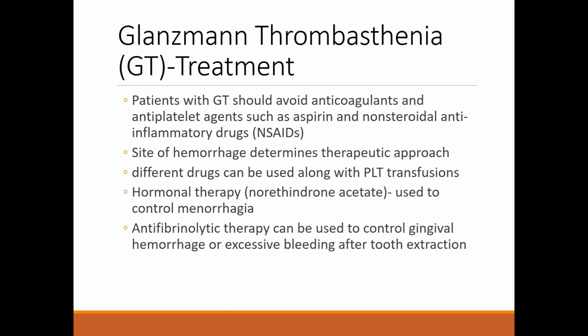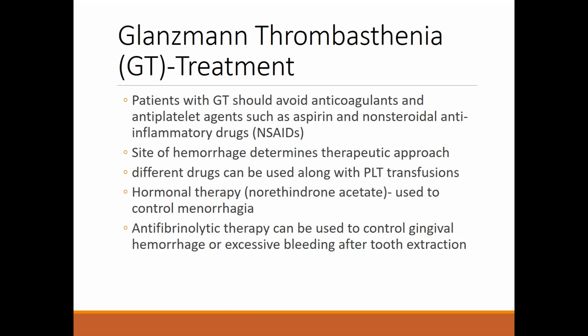Hormonal therapy with norethisterone acetate has been reported to have been used in patients to control menorrhagia, so heavy menstrual cycles. And so that has worked for those particular patients because heavy menstrual cycles, if they're very heavy and debilitating, can lead to anemia in the patient.